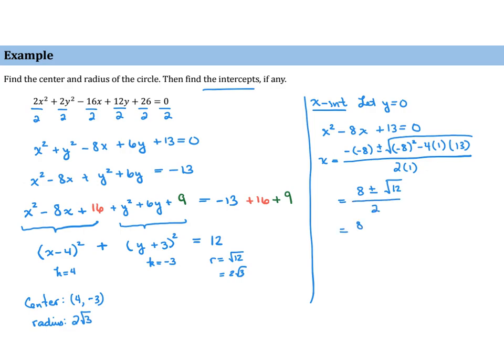So 8 plus or minus 2 square roots of 3 over 2. Now we can factor out 2 from our numerator, and we obtain 4 plus or minus the square root of 3 for the x-intercepts.